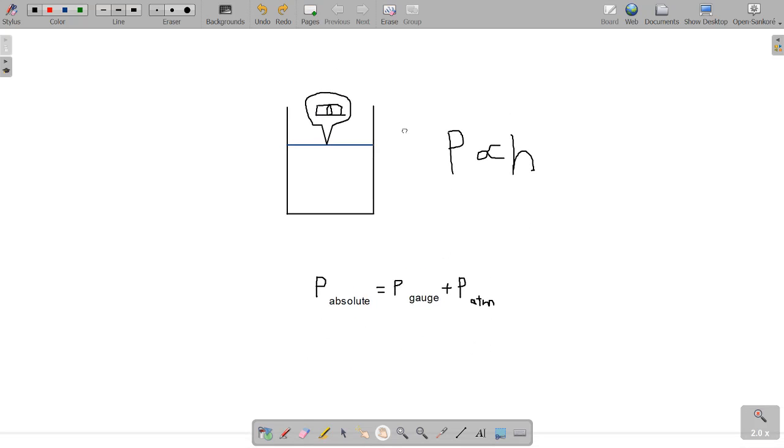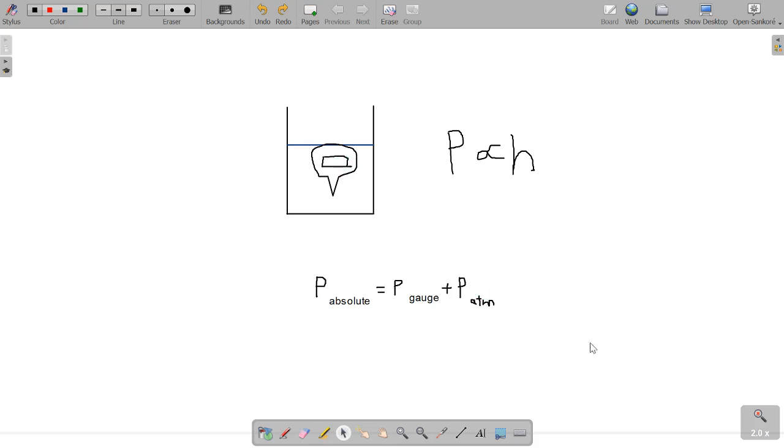Right here, absolute pressure is 101325 pascals. Then as we move down through the water, absolute pressure becomes the atmospheric pressure plus whatever gauge reading is measured here.